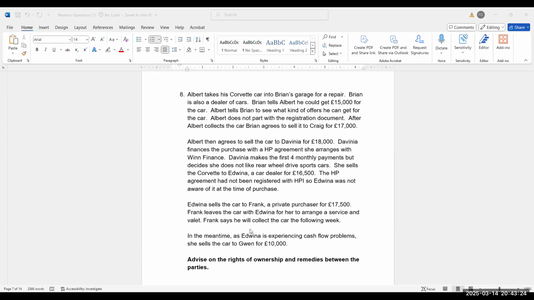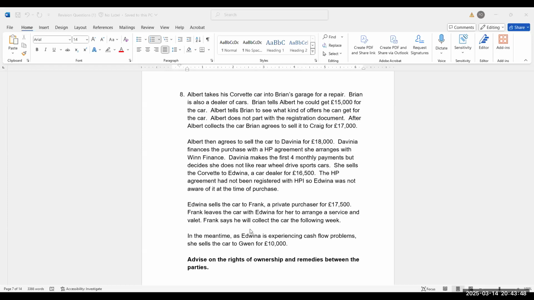So if Craig is purchasing the car for purposes wholly or mainly outside his trade or profession, and this is entered into after 2015, then there's that condition that is implied to the contract. So now we're looking at the CRA for the remedies, but the nemo dat rule itself was not dealt with by the CRA.